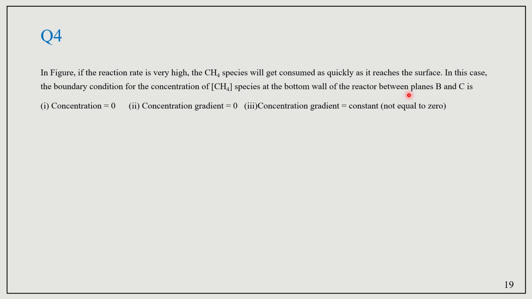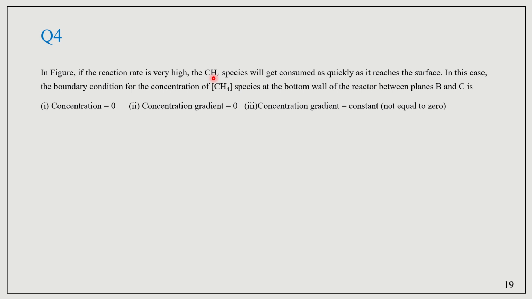And it is also mentioned that if the reaction rate is very high, methane species will get consumed quickly. Once it reaches the surface, the reaction rate is very high, so methane conversion is very fast and it is getting consumed very quickly as it reaches the surface of the catalyst.